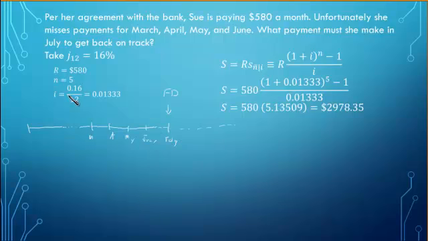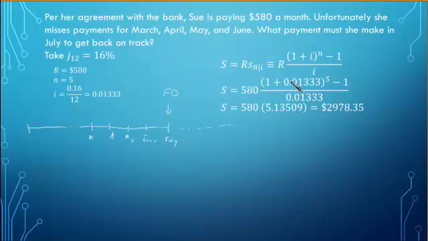And so now here we have to be careful with I, because she has to pay interest at J12. That means it's compounded 12 times a year. So to get the interest for one period, you have to take 0.16 and divide it by 12, which gives us 0.0133. All we need to know is the value of the payment, the number of periods, and the interest rate per period.